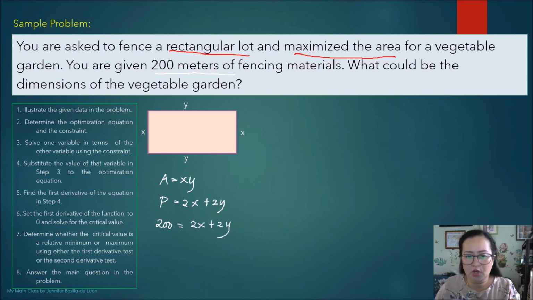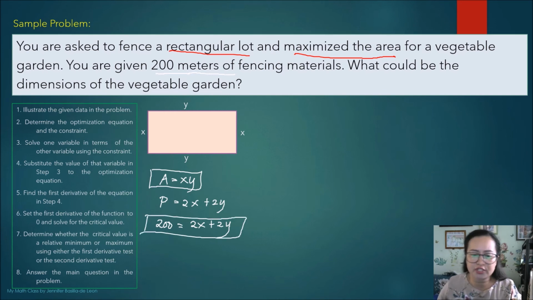So our optimization equation is A equals xy, and our constraint is 200 equals 2x plus 2y.